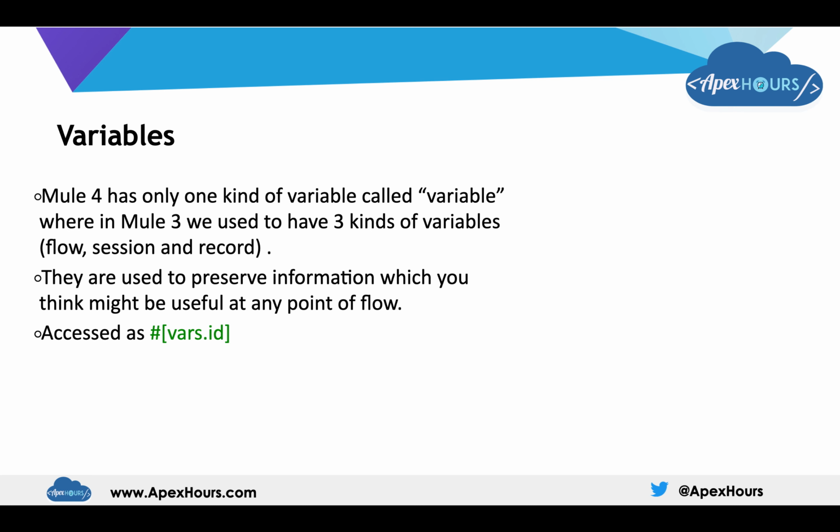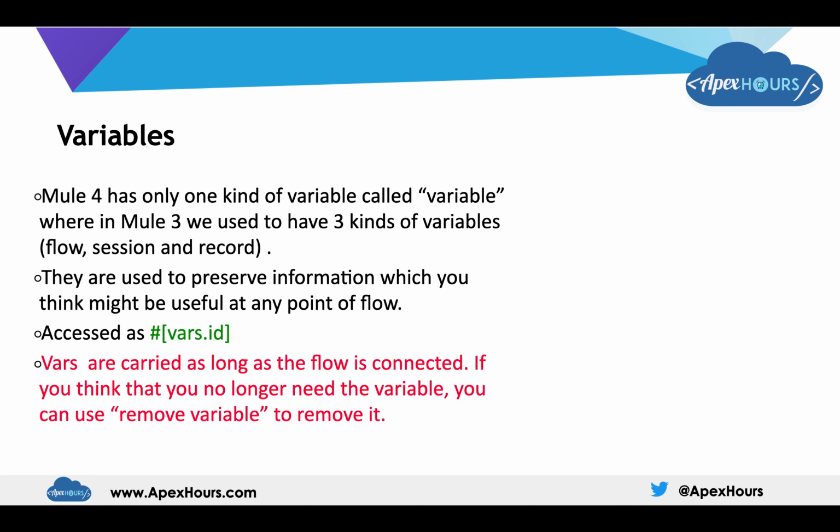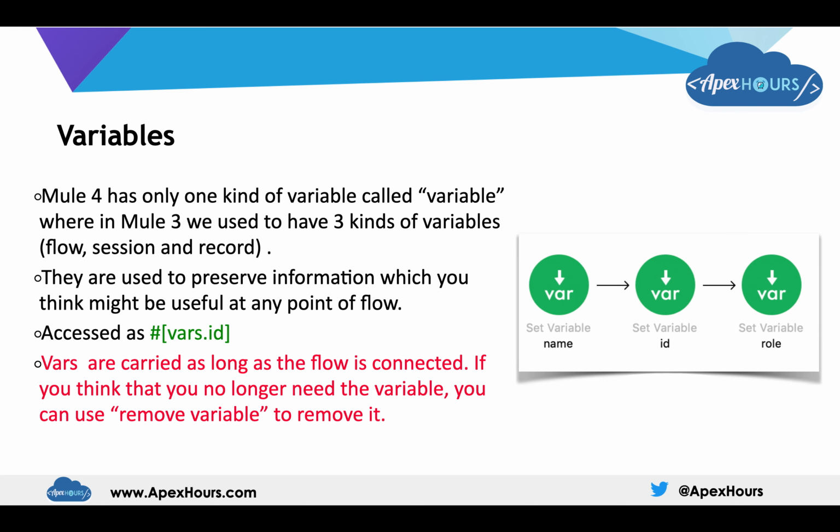If you're using my name like Sravan to store the variable, it is vars.sravan. That's how it looks. And these variables are carried as long as the flow is connected. Okay, and if you think that this particular variable is no longer needed, you can always use remove variable component to remove it.